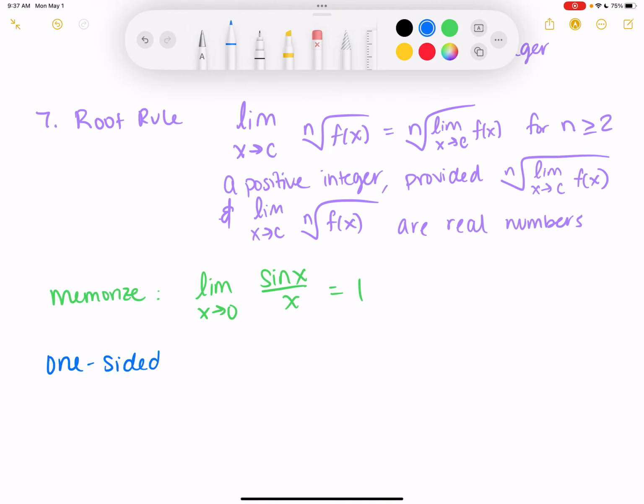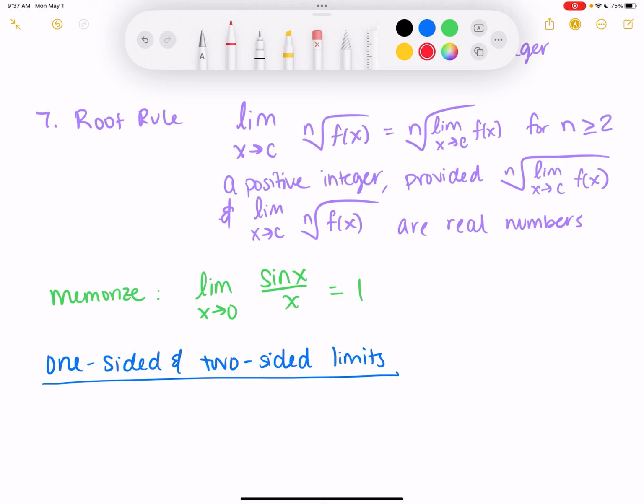One-sided and two-sided limits. Before I give you the actual theorem that goes with that, I'm going to explain left-handed and right-handed limits first, and then we'll do the theorem.